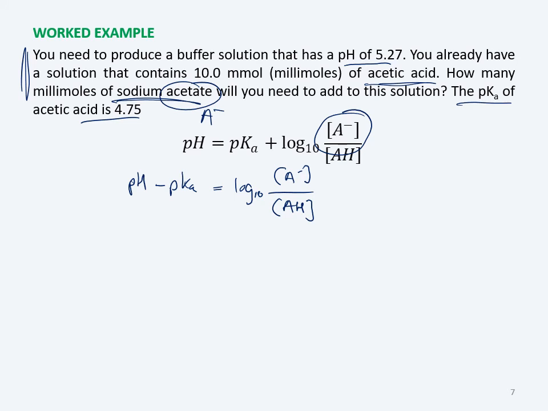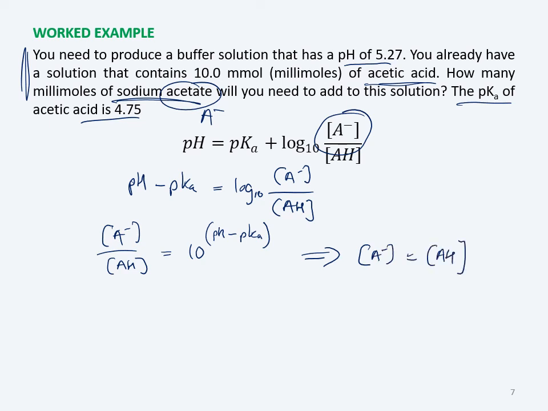The concentration of A minus over the concentration of AH is equal to 10 to the pH minus pKa. And then in that case, the concentration of A minus is equal to the concentration of AH times 10 to the pH minus pKa.